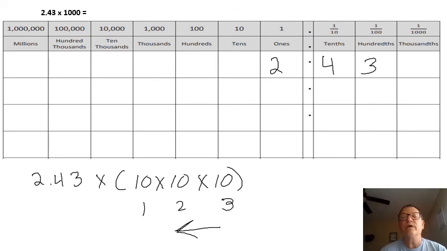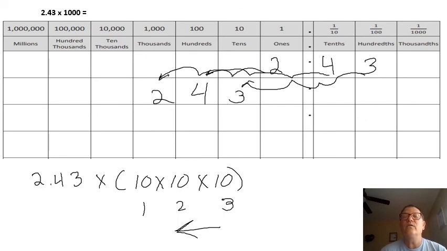And we're moving 3 place values, 1, 2, 3. Oh, remember the 0 over here, 1, 2, and 3. You have to fill that placeholder in. So now we know that 2 and 43 hundredths times 1,000 is 2,430.